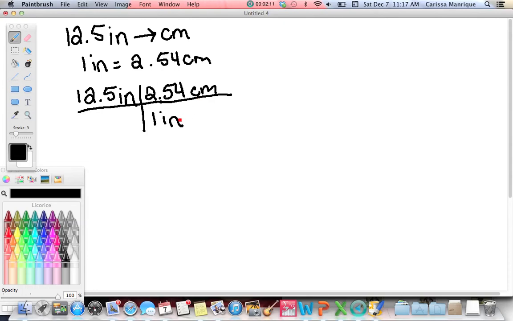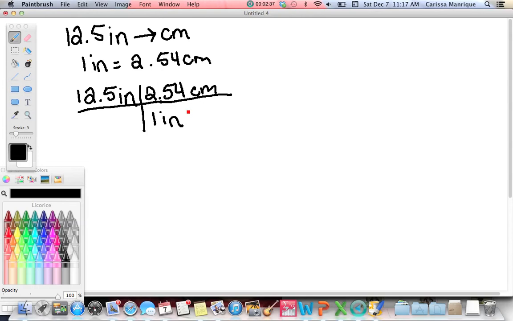So this is saying 1 inch equals 2.54 centimeters. And if you need to know, okay, where do I put each one? Do I put the centimeters down here? Do I put the inches up here? What do I do? Well, it depends on what you want to cancel out. I want to cancel out my inches and leave centimeters, so I have to put inches diagonal to each other. So that means I put the inch down here.